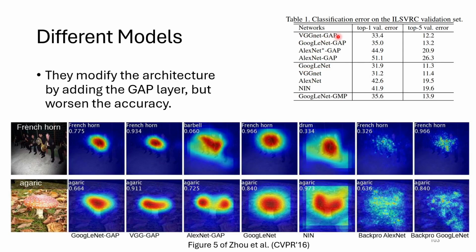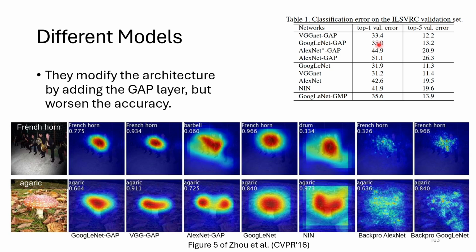Because this is a newly added layer, of course they can retrain the overall VGGNet-GAP architecture. But as you can see, the original VGGNet top 1 error is only 31. After changing the architecture, the top 1 validation error increased.